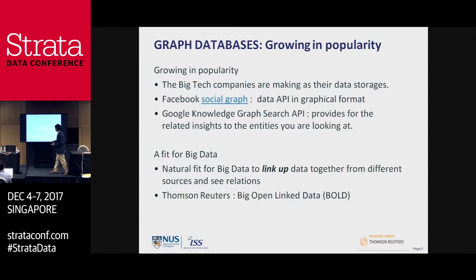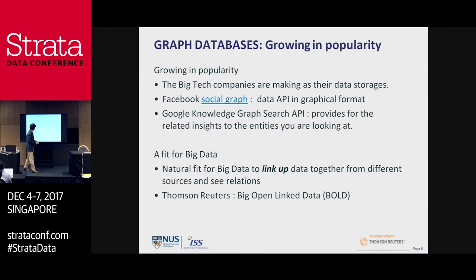For example, Facebook has a social graph, which is essentially a graph of all the connections that you have, the friends of friends, in the social context. Google Knowledge Graph, which came out, I think, about 2-3 years ago, is essentially a recommendation engine based on related concepts, related entities. That is a graph itself.